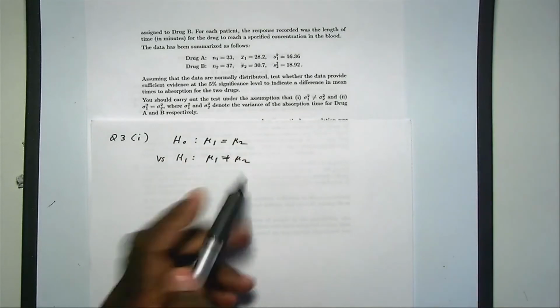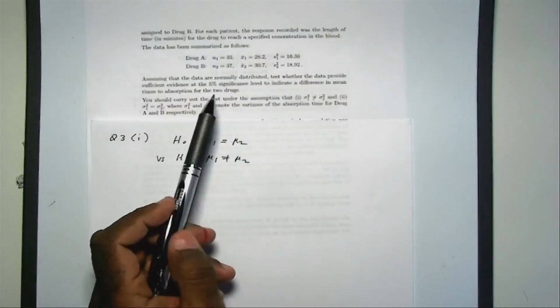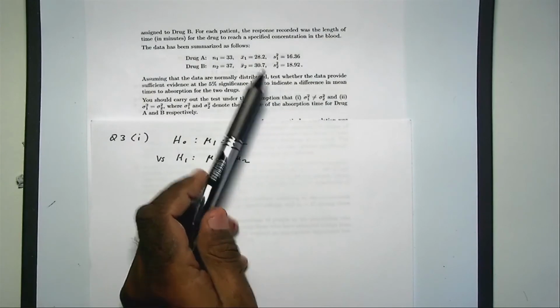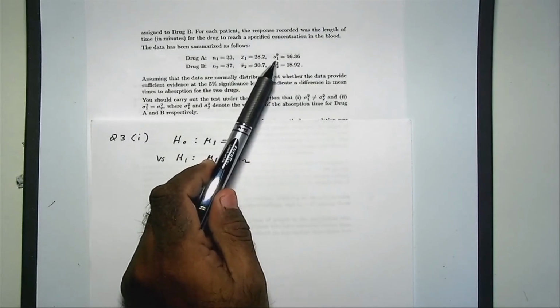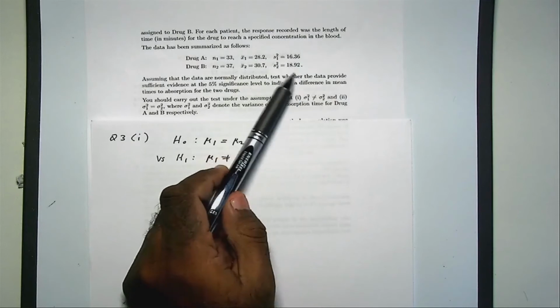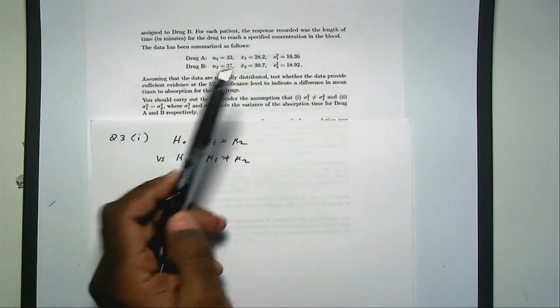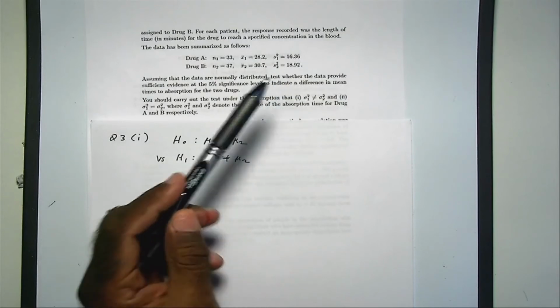The difference between this question and the two previous questions is that here we don't know what the population standard deviations are. We are only given the sample variance for the first population and the sample variance for the second population. So in this case, the rejection rule will be different, right?